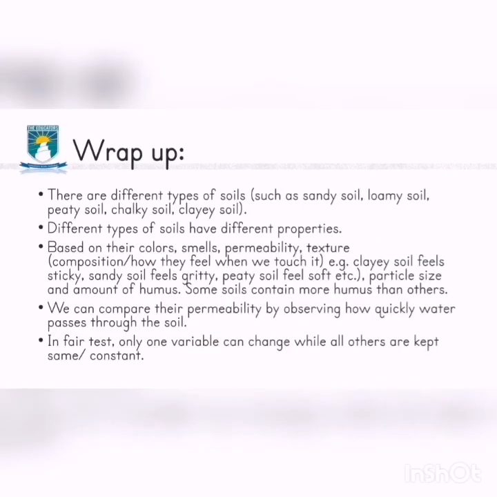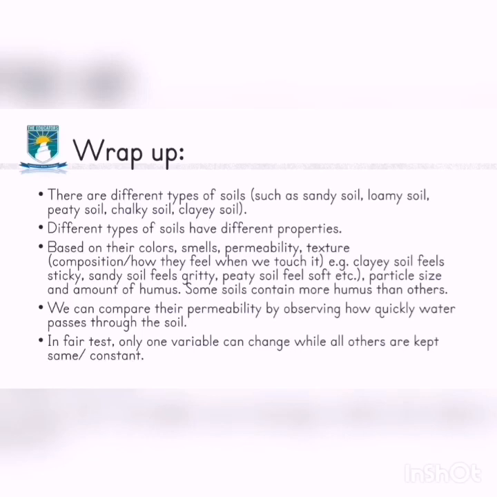Let's conclude our lesson. There are different types of soils such as sandy soil, loamy soil, peaty soil, chalky soil, and clay soil. Different types of soil have different properties based on their colors, smells, permeability, texture, composition, or how they feel when we touch it.